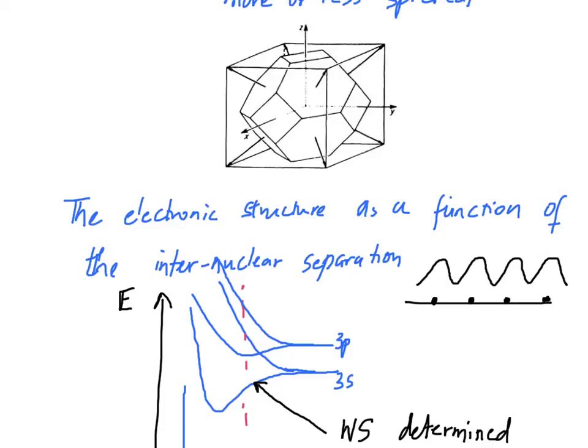They replaced this volume with a sphere of equal volume, and all they needed to do was to determine 3s-like wave functions which would have a slope 0 at the radius of this Wigner Seitz sphere.